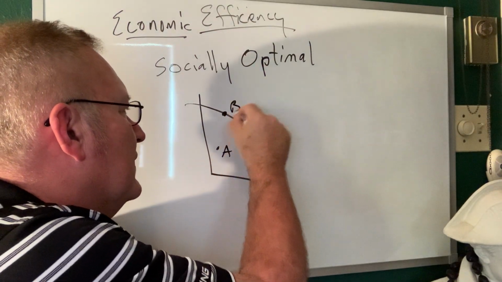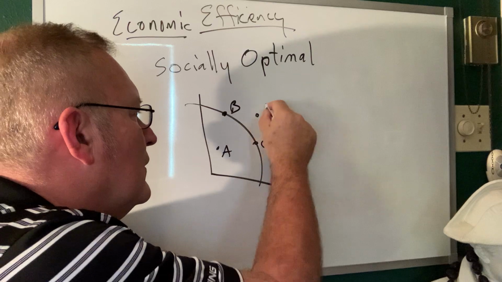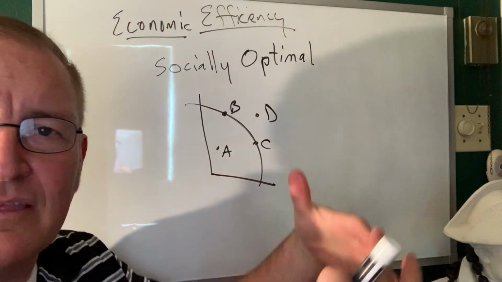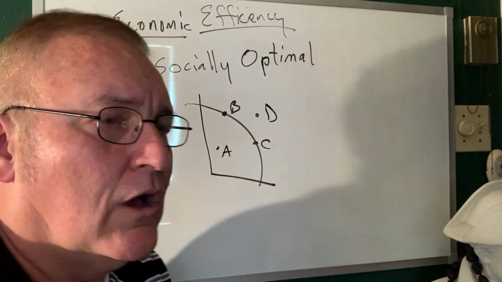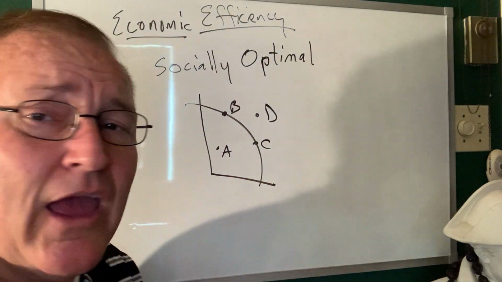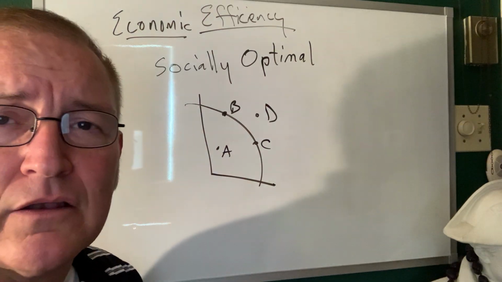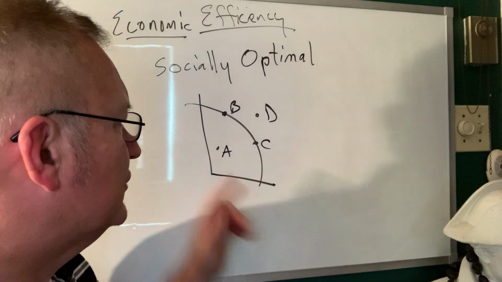Here's what we learned about this. We learned that on a production possibility curve, anything inside the curve can be produced, but is inefficient, right?